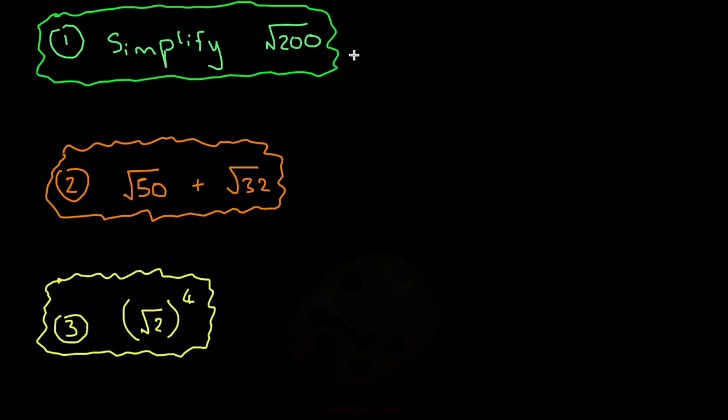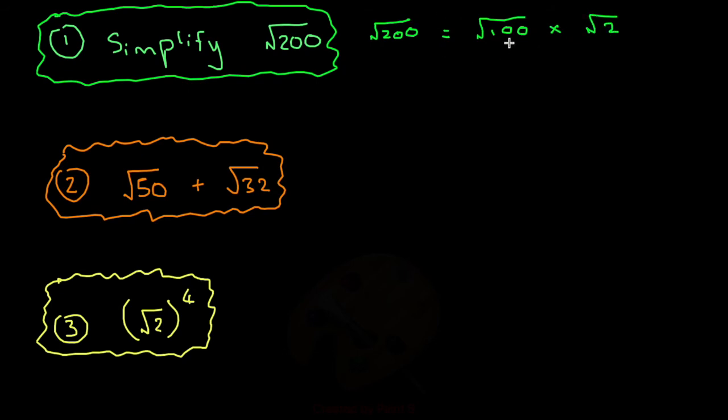So first, we have root 200, and we need to simplify it. So if you remember from the first rule, we can write this out as two separate surds. So root 200 we can write out as root 100 times root 2.